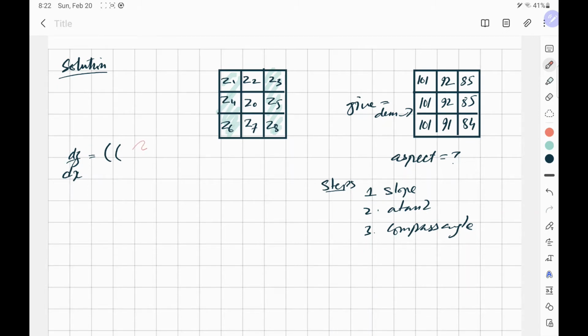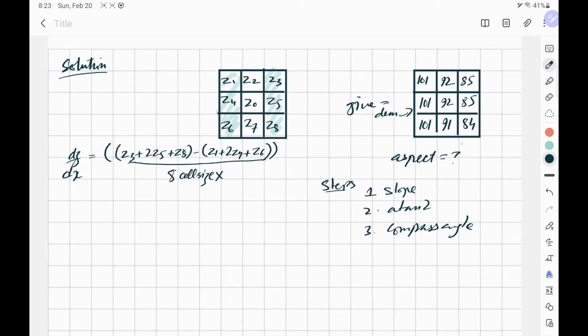slope in x direction equal to (Z3 plus 2 times Z5 plus Z8 minus (Z1 plus 2 times Z4 plus Z6)) whole divided by 8 times cell size in x direction.